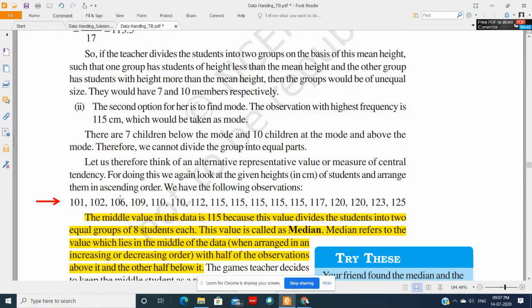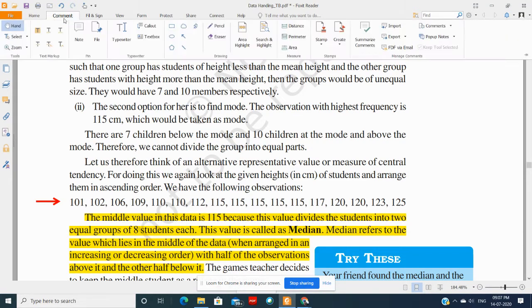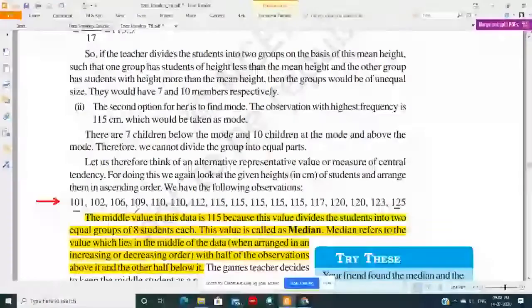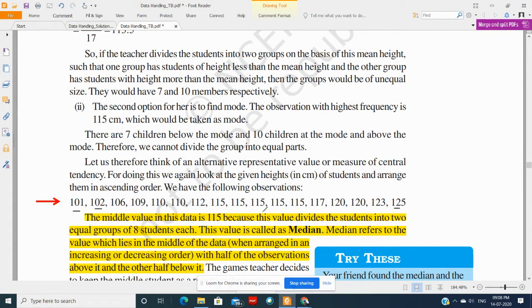Now, to find the middle value, if you count these numbers in a simple way, I'll take this number, then this number, and this number. Then I'll cut this number and this, because I want an equal number in both groups.